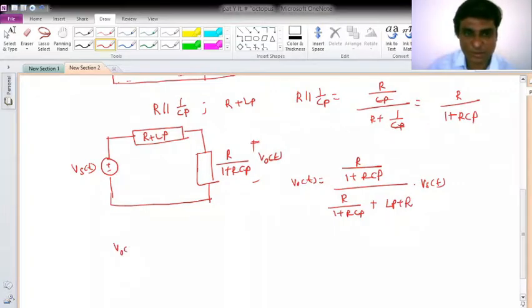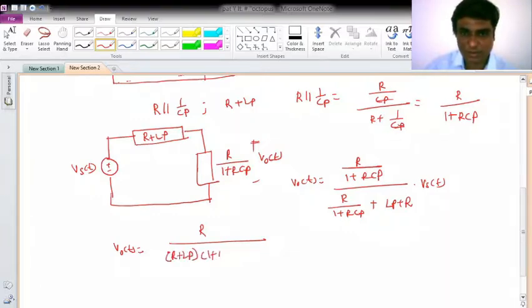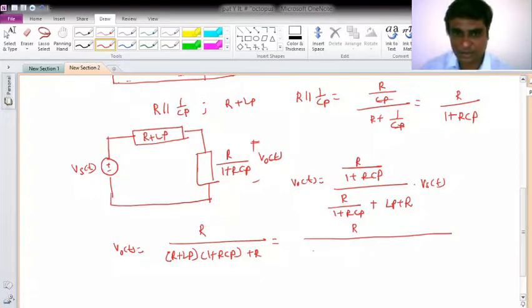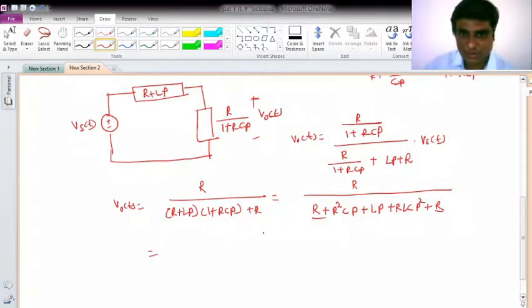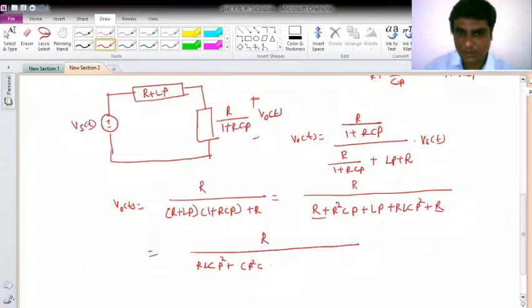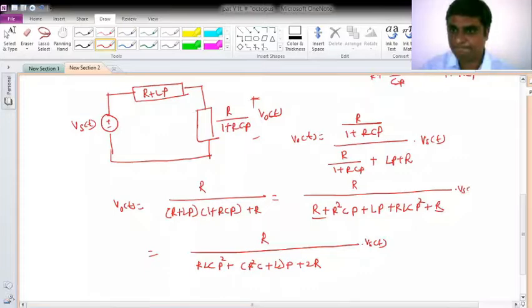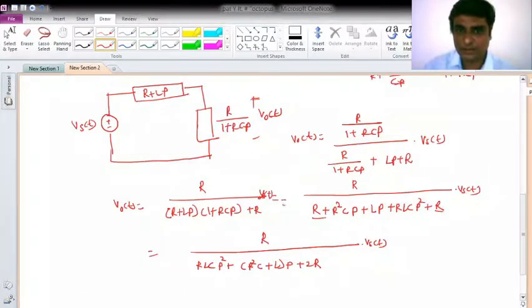Fine. So if I solve for V0 of t, this will be R over Lp plus R plus Lp into 1 plus RCp plus R. This can be expanded as R plus R squared Cp plus Lp plus R LCp squared plus R. Now this R becomes 2 times R, so it will be R over R LCp squared plus R squared Cp plus Lp plus 2R, into Vs of t, everywhere.